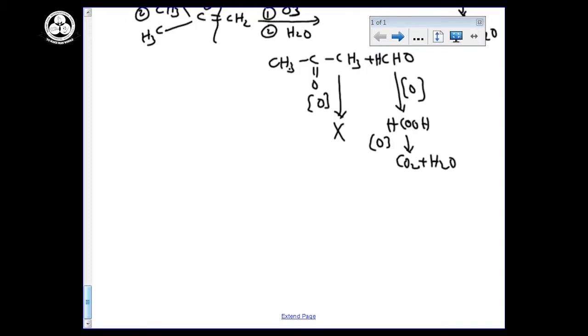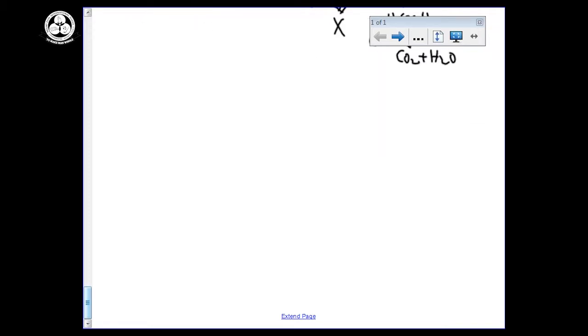So here we have to write one important note. If there is no zinc, further oxidation takes place.